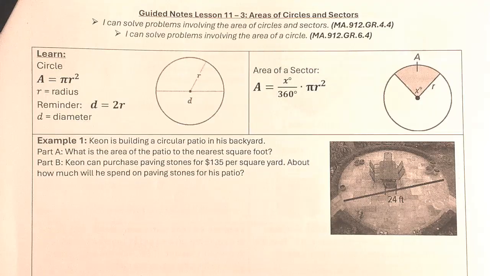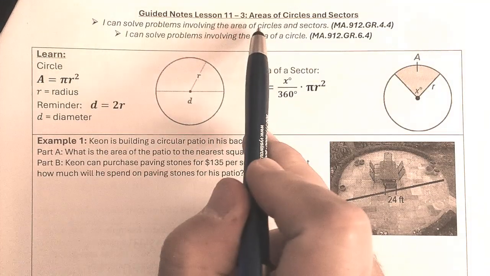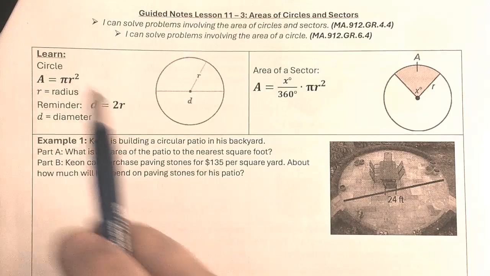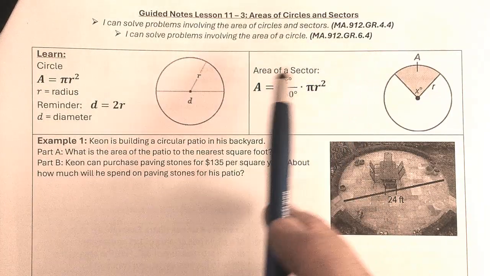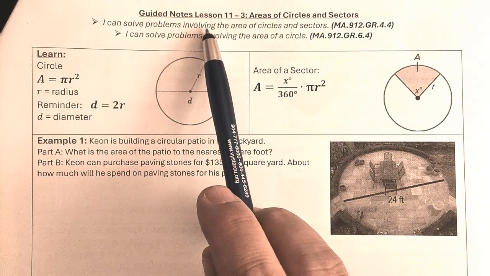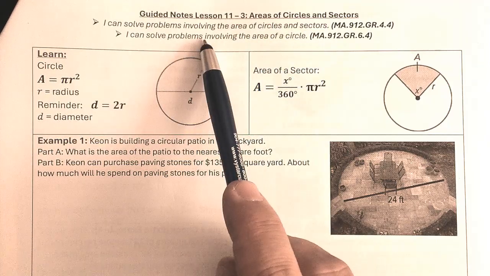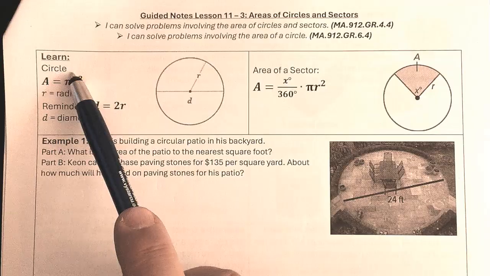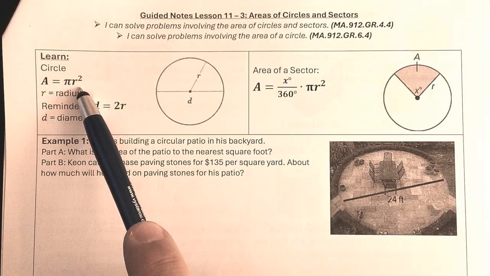So no 11-2, we're at 11-3, talking about areas of circles and sectors. That's GR 4.4 and 6.4: solve problems involving the area of circles and sectors. On the reference sheet, area of a circle is pi r squared.